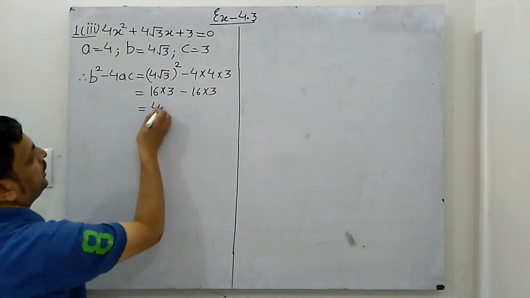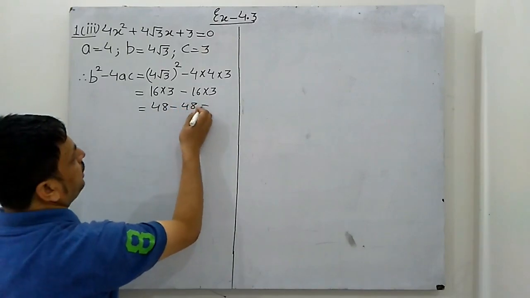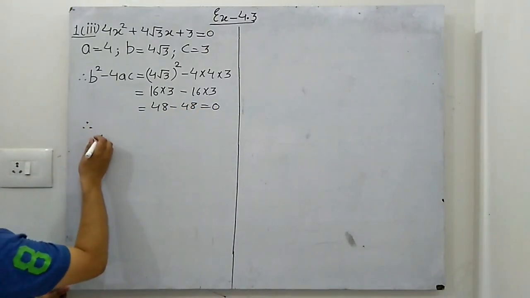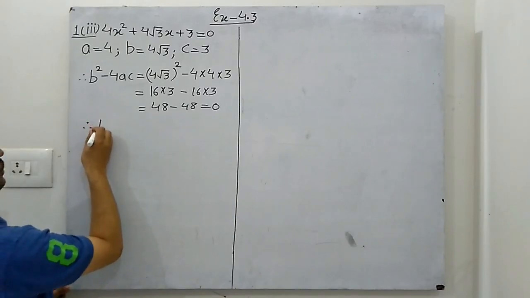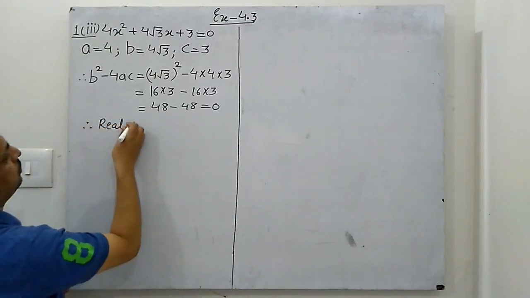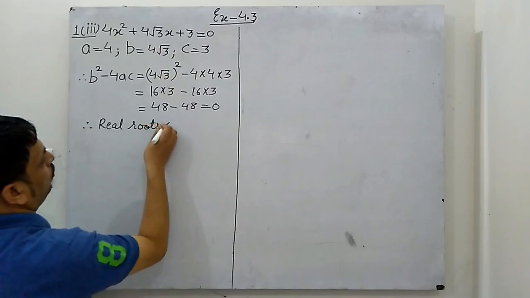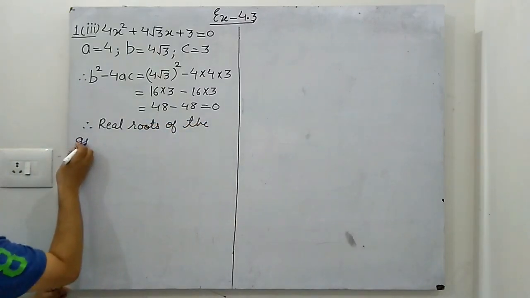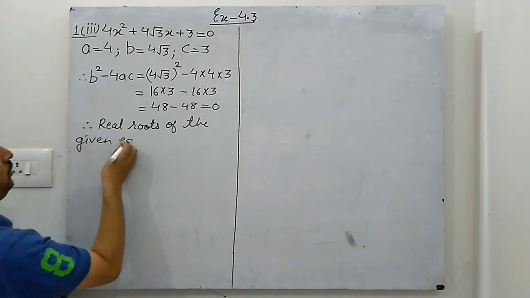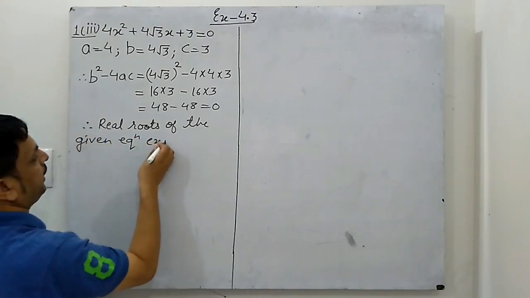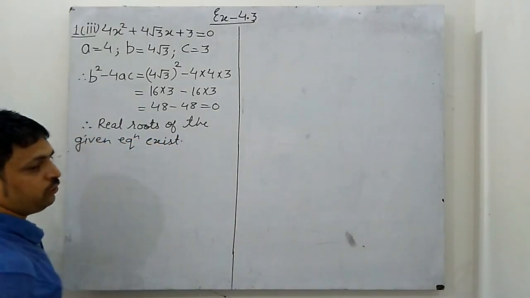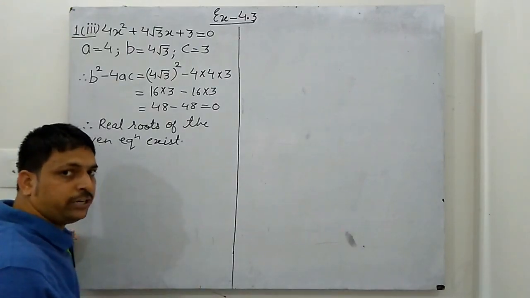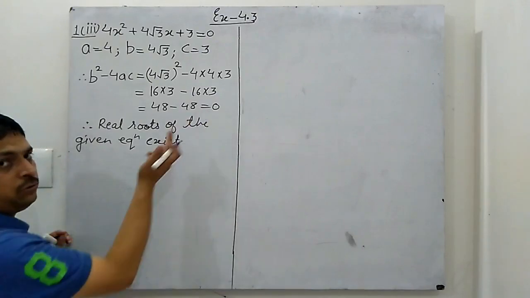So it is 48 minus 48 equal to 0. So we can say real roots of the given equation exist, because if the value of b square minus 4ac is greater than or equal to 0, and here it is 0.